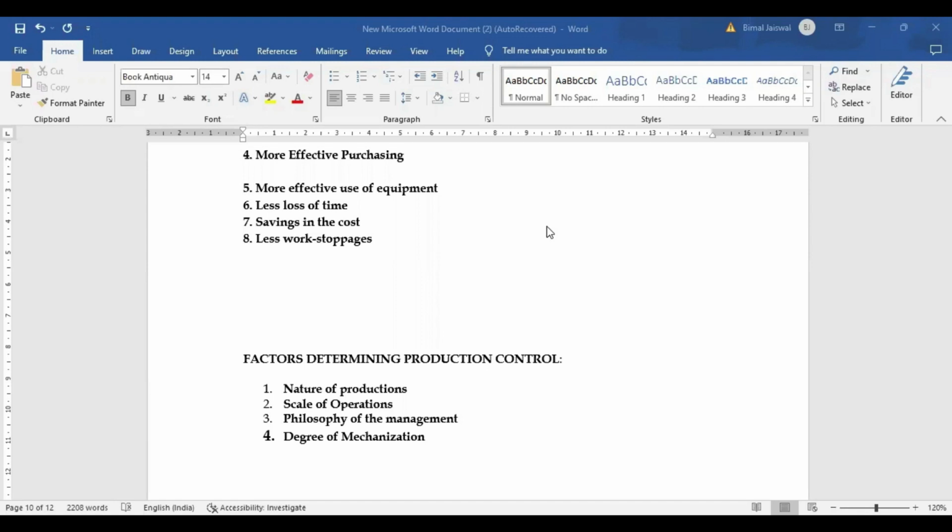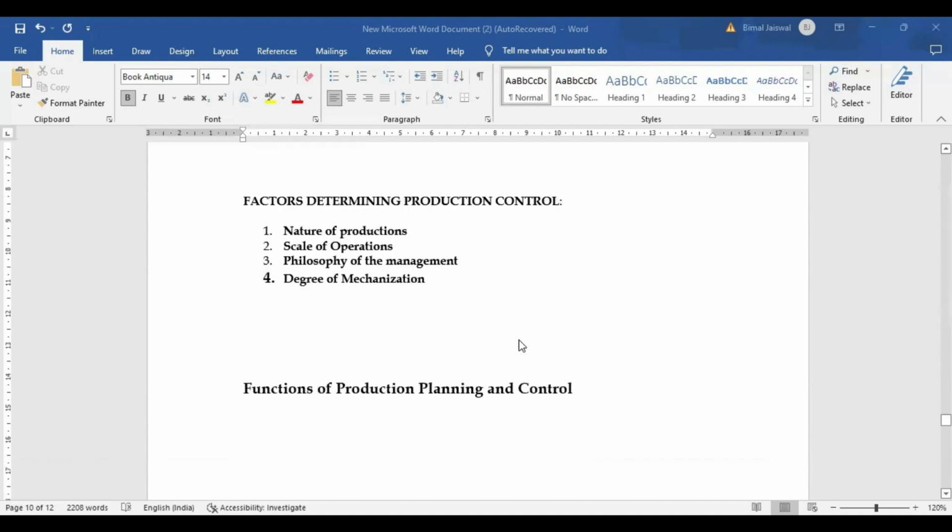But when it is engineering based, then experts have to be involved. So the degree of mechanization is also one of the major aspects, because when things are mechanized, automatically different people will be involved. And if there is an error in the mechanization or automation, then I suppose the shutdown will take more time as compared to other aspects.